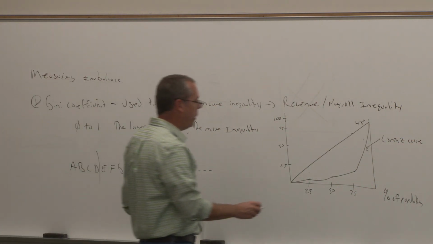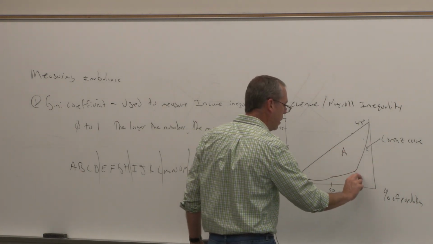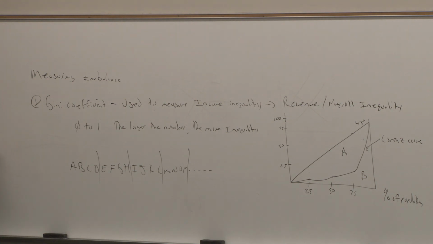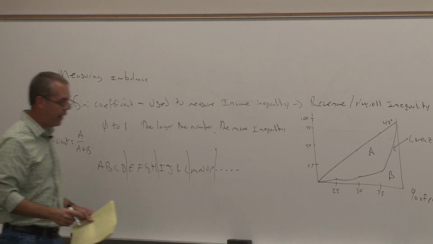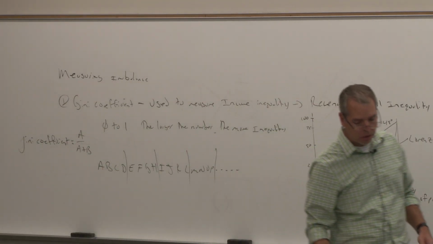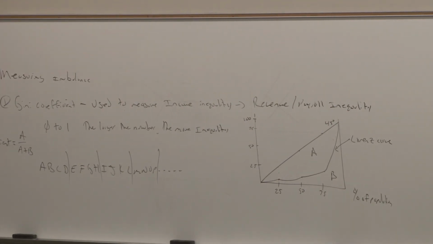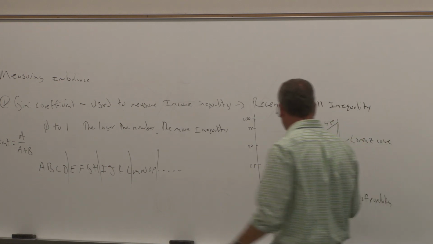And we've got these two areas here, area A and area B. The Gini coefficient is just this area A divided by the area A plus B. So you can see if you're really, really close to the line, this could be some number.